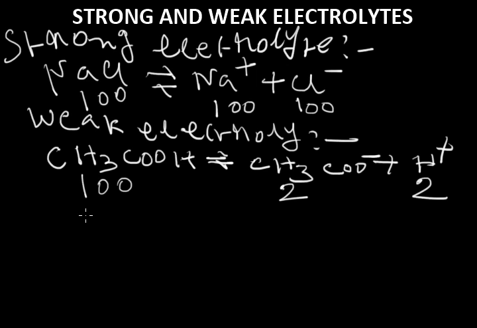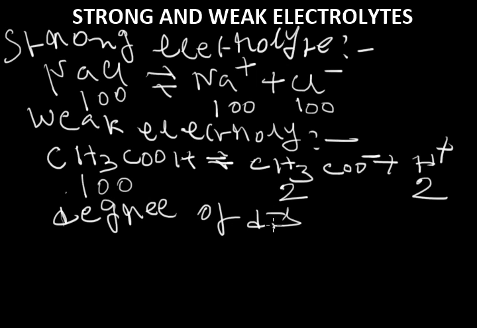In this case, we define a new term called degree of dissociation. It is represented as alpha. Now, what is alpha or degree of dissociation?